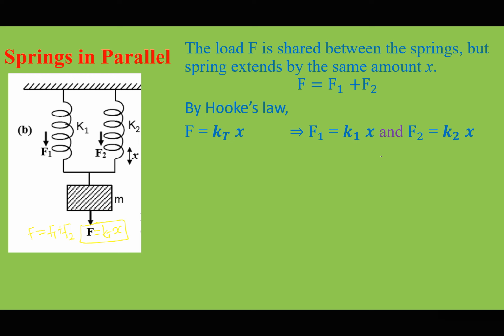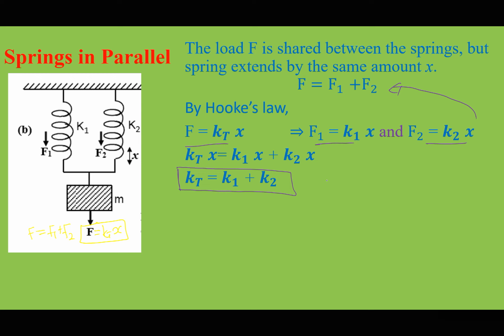So I'm now just going to combine these three equations, 1, 2, 3, into the first equation here. When I combine those three equations, where there is F, I put K total times X equals K1X plus K2X. And because X is the same, it means K total is equal to the sum of the constants. So if you have springs in parallel, the total constant is the sum of the spring constants.